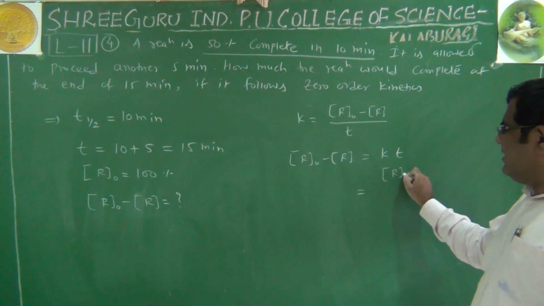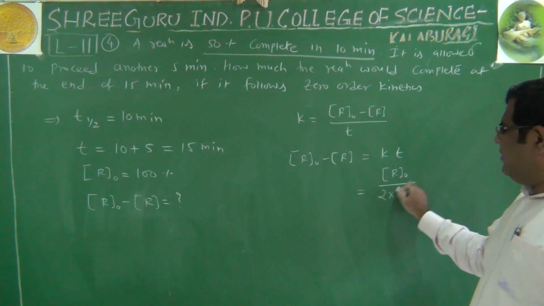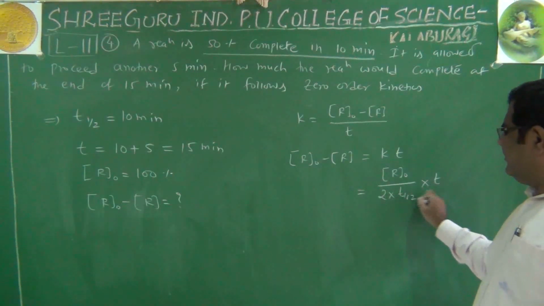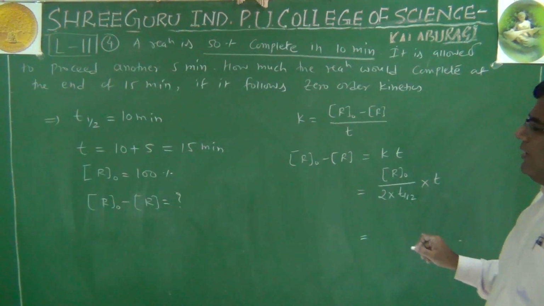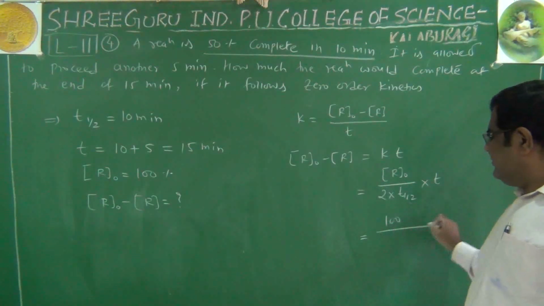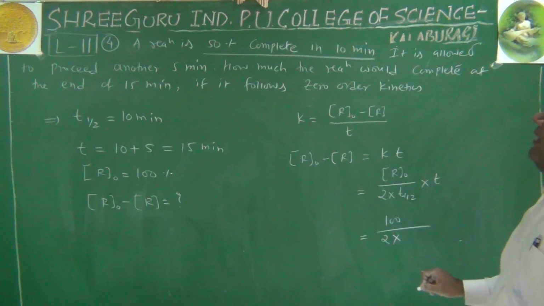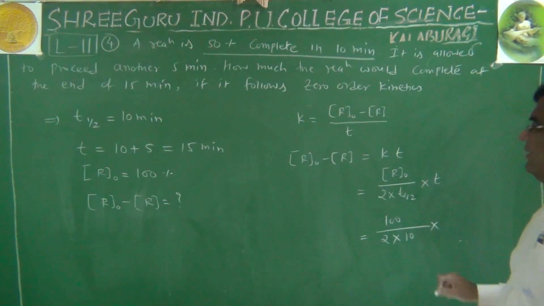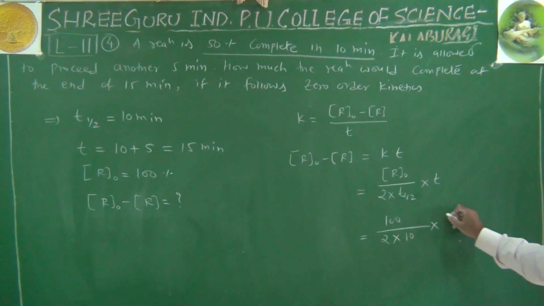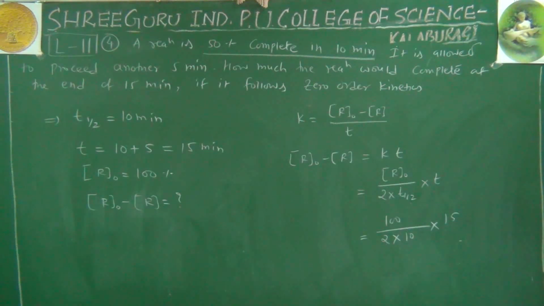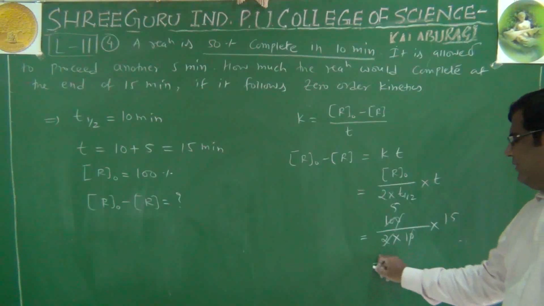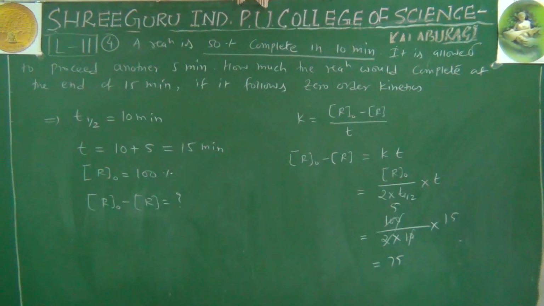So we can write this as R0 by 2 multiplied by T half, multiplied by T. This R0 initial concentration is 100, divided by 2 multiplied by the half-life period, which is already given as 10 minutes, and the time duration for which the reaction is carried out is 15 minutes. So we can cancel the 0s, and we can write this as 5, and we get 75%.